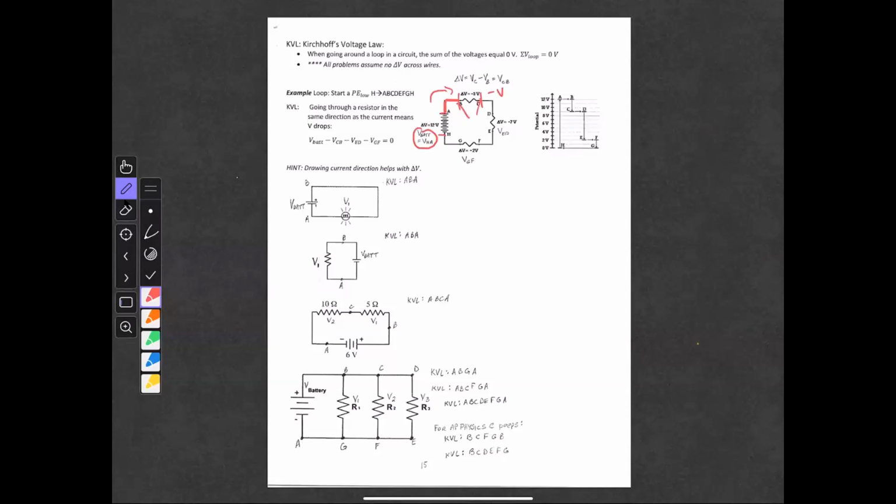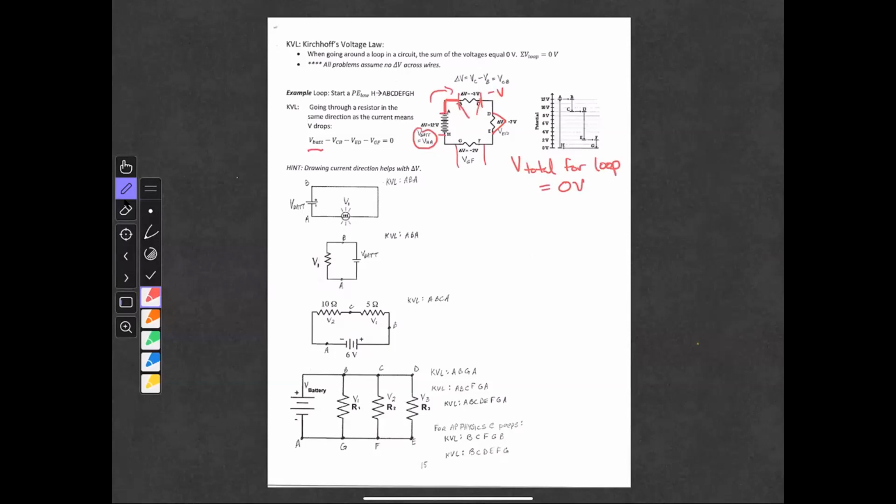Some of us learned that if you make it positive or negative, but if you subtract the voltage drop from C to B from the V of the battery, and you subtract the voltage drop at D to E or E to D from the battery, and you subtract the voltage here, the total voltage for the loop, for the closed circuit, is equal to 0 volts.